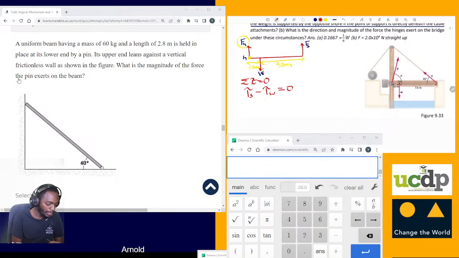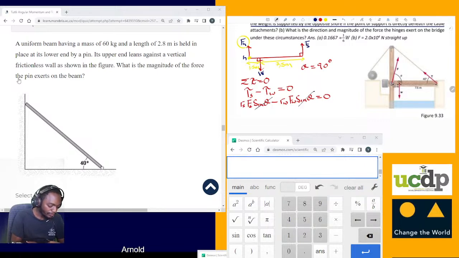Then we can now take the moment. How do we go about that? It's just a similar concept. RS FS sine theta minus RW FW sine theta equals 0. But we realize that the angle is close to 90 degrees, therefore sine 90 gives us 1, so all this will go.